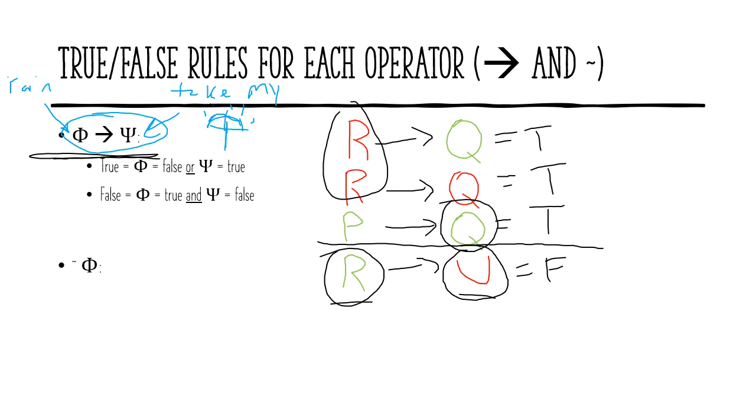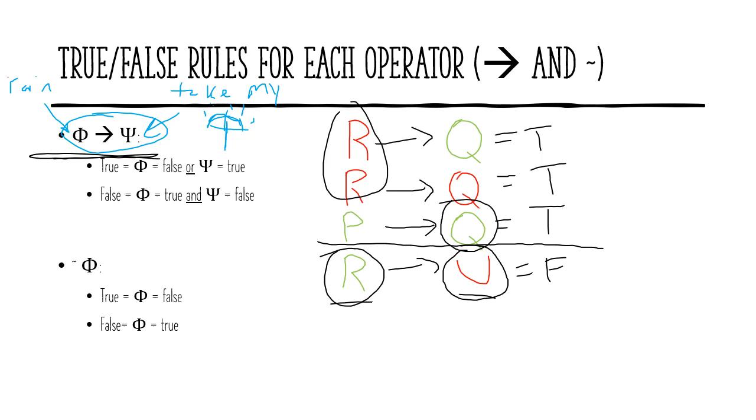So the negation is true wherever the phi is false, and it's going to be false wherever the phi is true. So let's just use the same example that we did before, but reduce it down to saying that I possess pennies of some sort.